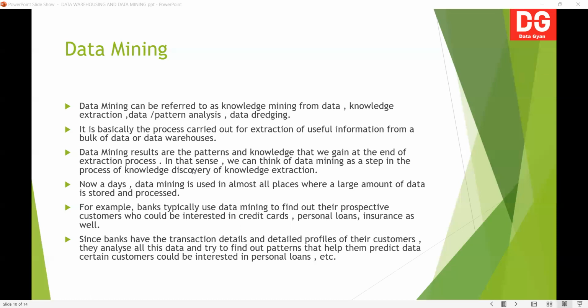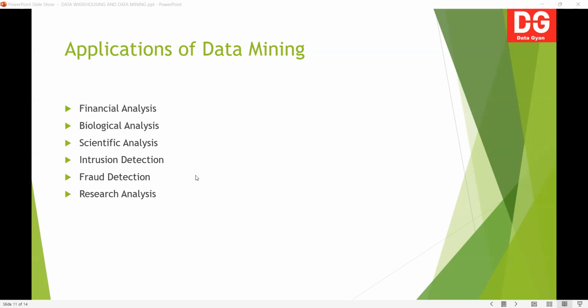They analyze all the data and try to find patterns that help them predict whether certain customers could be interested in a personal loan, insurance, or credit card. So we analyze which customer we can give which product, and we do this through data mining.